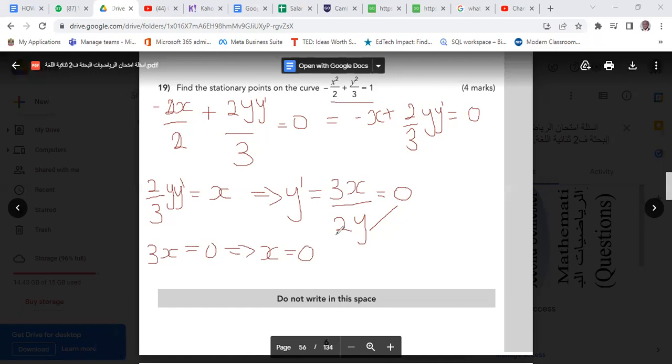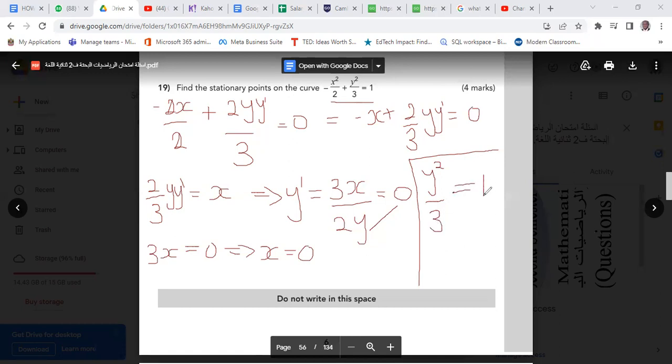So y squared over 3 will be equal to 1. I'm taking this 0 to this place. So if I put x to be 0 here, everything here becomes 0. That's why, let me draw a line, so I can separate them. So y power 2 over 3 is equal to 1.